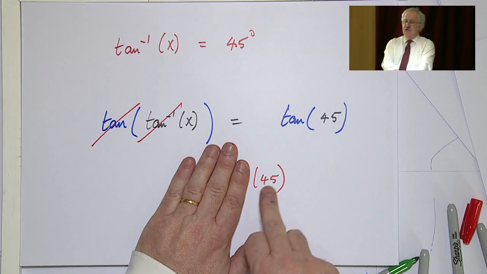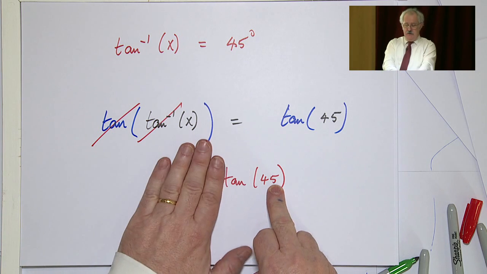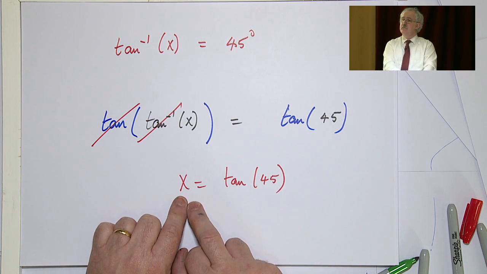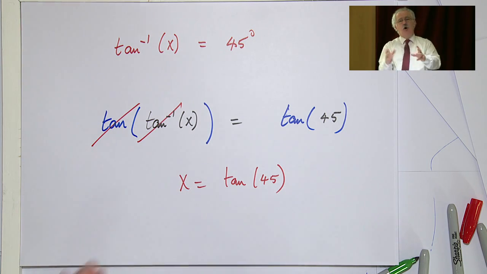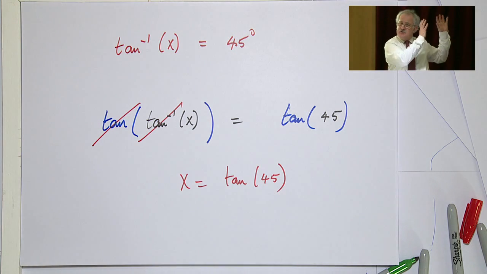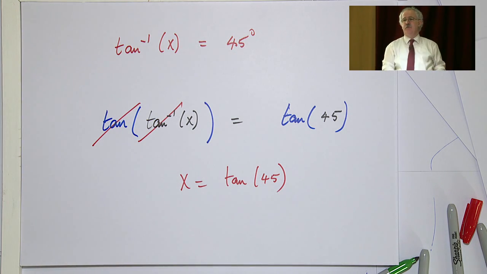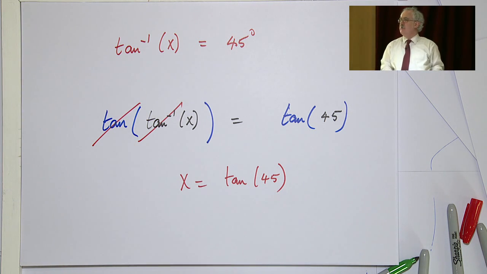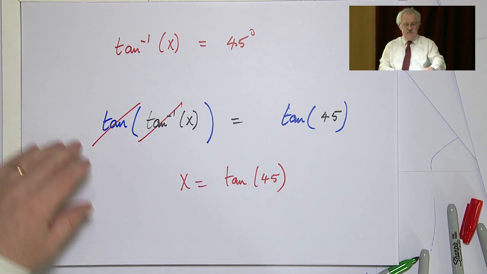Is 45 on your calculator? Is the tan button on your calculator? Have you got x? Is that okay? So all you do is you look at it and you say, I don't like this. I'd much prefer my life if that was just x, thanks very much. Whether it's just addition or multiplication or whatever, I'd much prefer if it was on the other side. Is that okay? Is that fair?